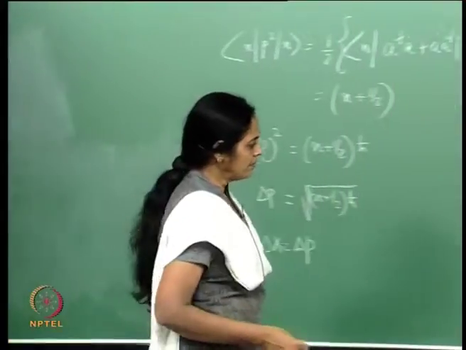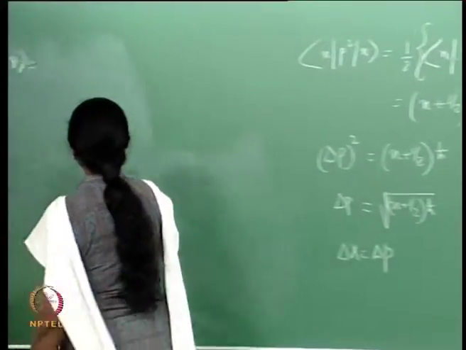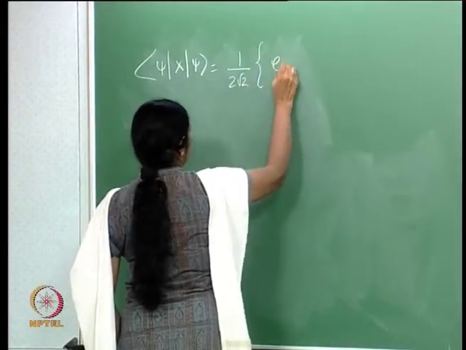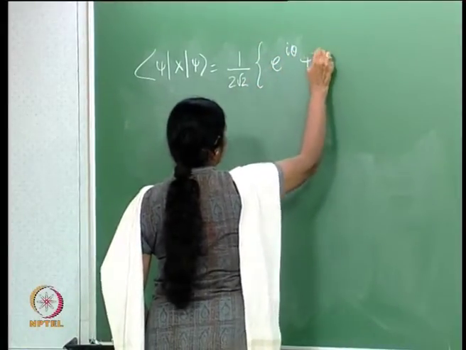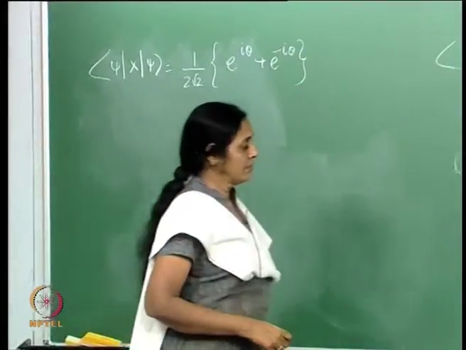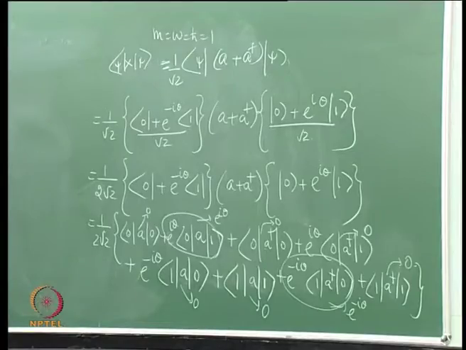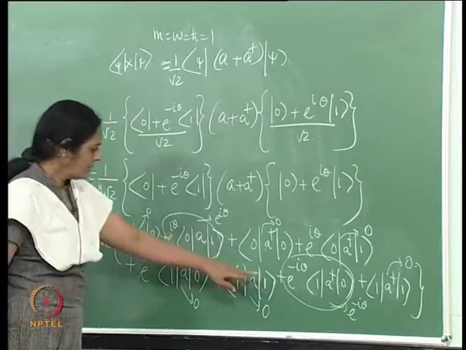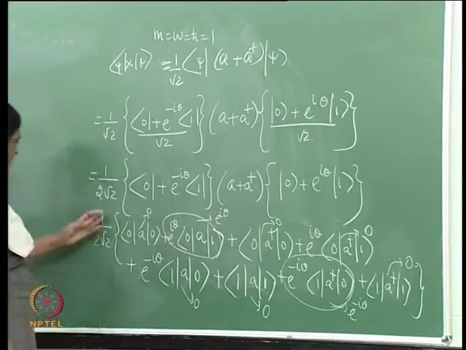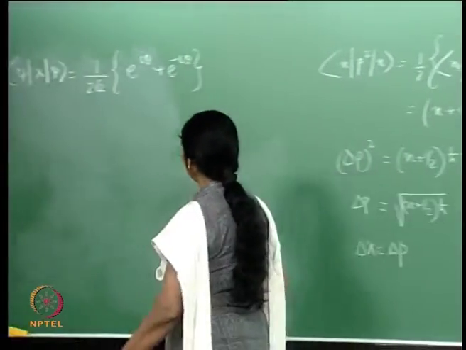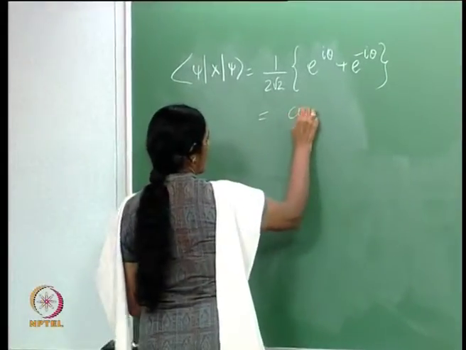This object is 1 by 2 root 2 times (e to the i theta plus e to the minus i theta), and that is what I have. There was an e to the i theta here and there was an e to the minus i theta there. The whole thing is multiplied by 1 by 2 root 2. So, this is just cos theta by root 2.